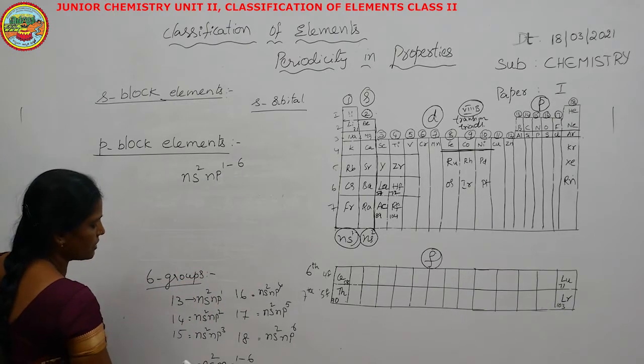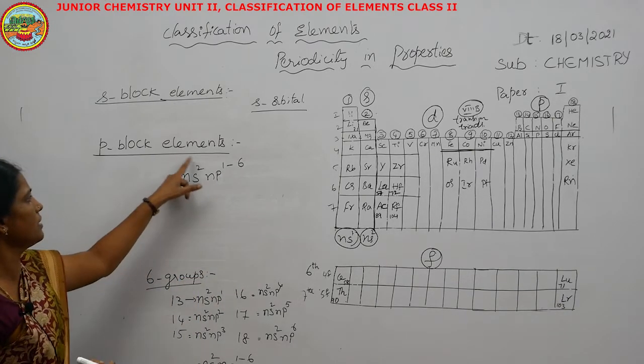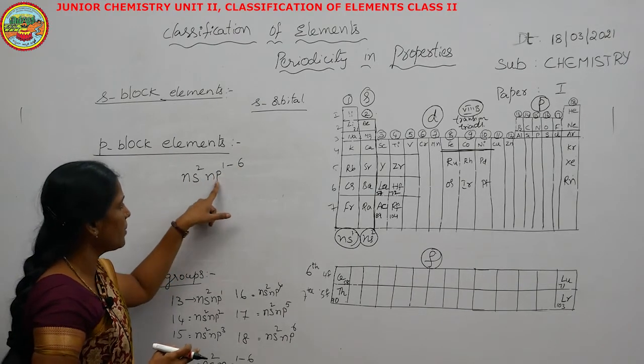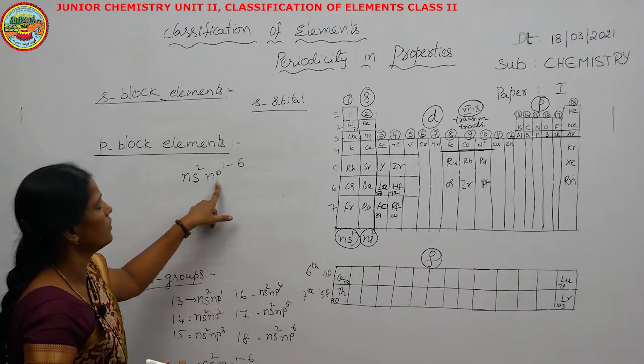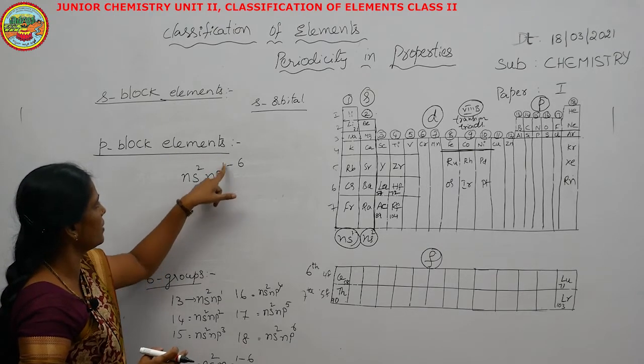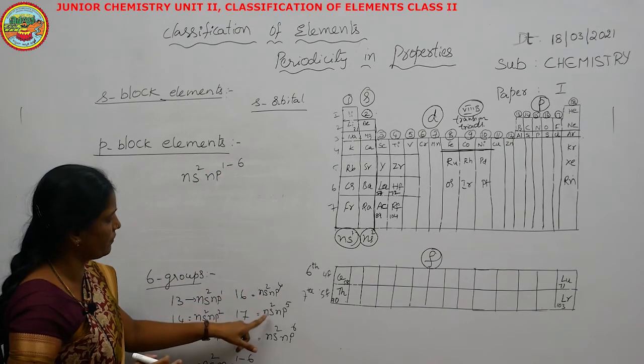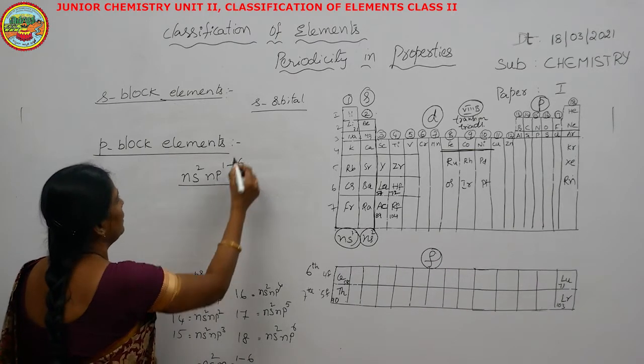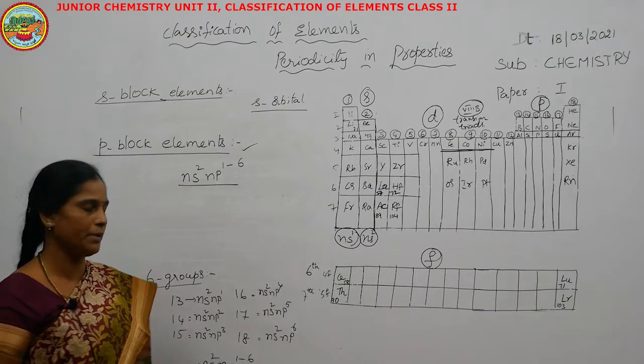The s orbital is completely filled, and the electron enters into the p orbital. So first p1 starts, then p2, p3, p4, p5, p6. ns2, np 1 to 6. This is the electronic configuration of the p block.